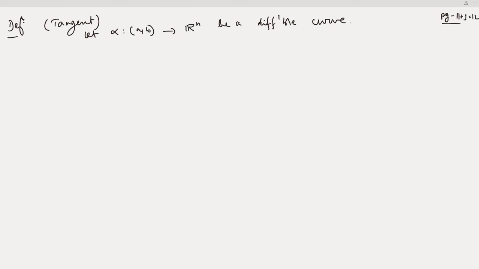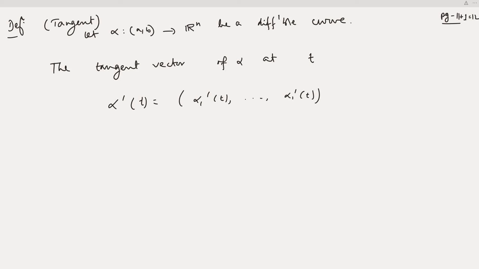Then the tangent vector of alpha at time t is given by alpha prime of t, which is equal to (alpha 1 prime of t, and so on, alpha n prime of t). Okay, so this is called the tangent vector, and speed.